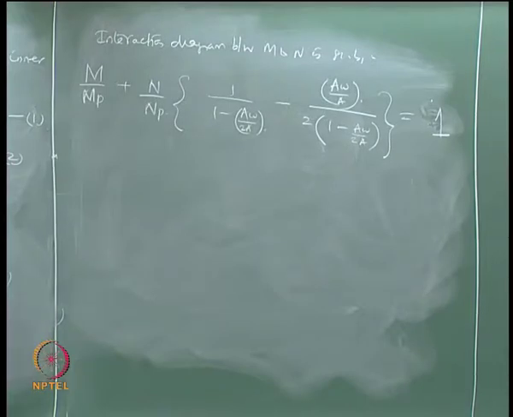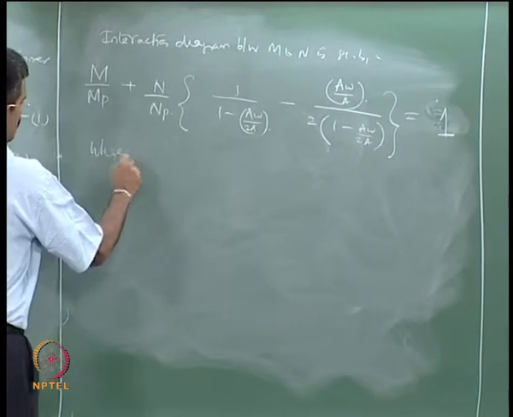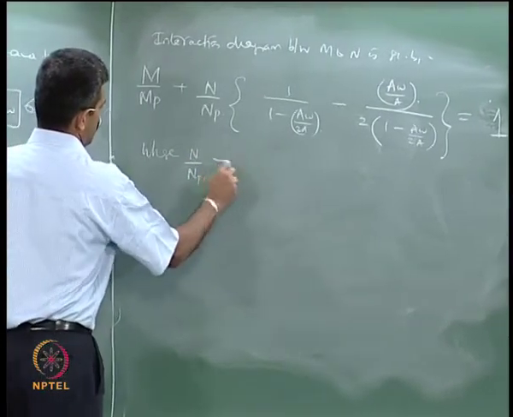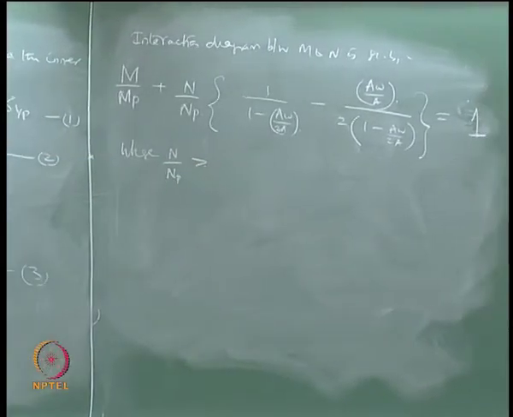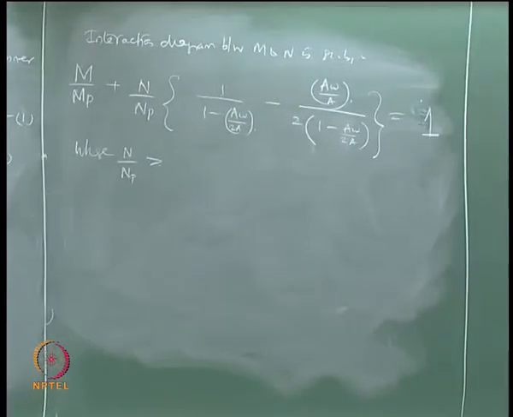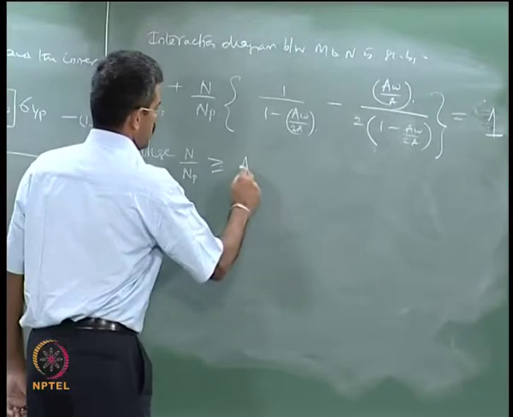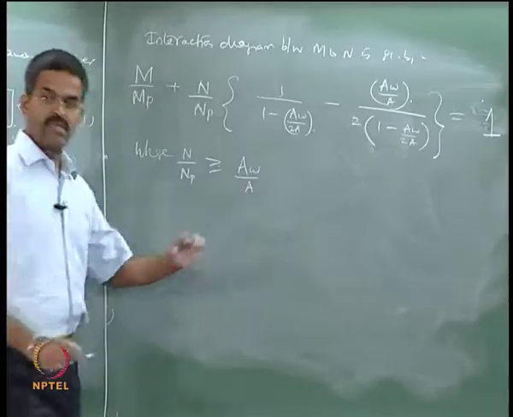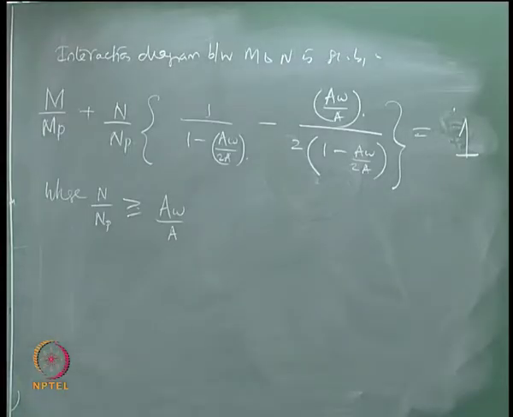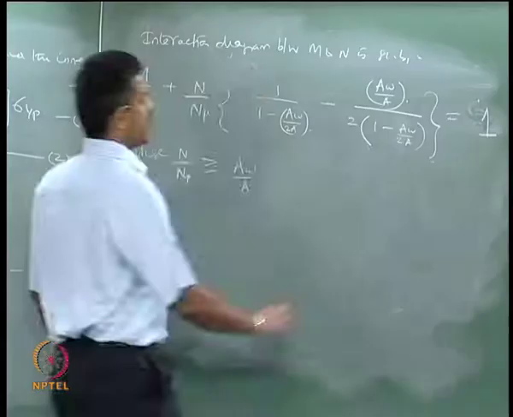In my case, N by NP is greater than or equal to AW by A. That is the second case. The previous case was the other way, is it not? I can rewrite this equation again.